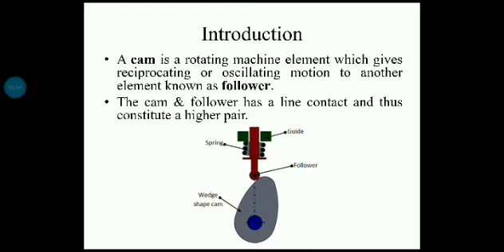One is the cam and the other is the follower, and the contact between the cam and follower is a line contact. So a cam and follower consists of a cam which rotates, thereby imparting a reciprocating or oscillating motion to the follower.